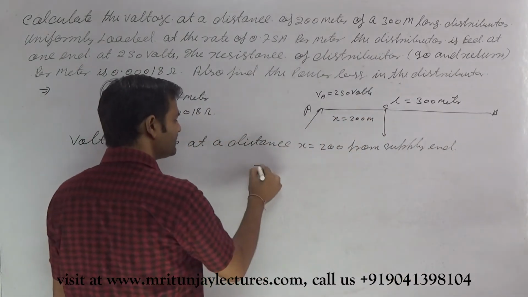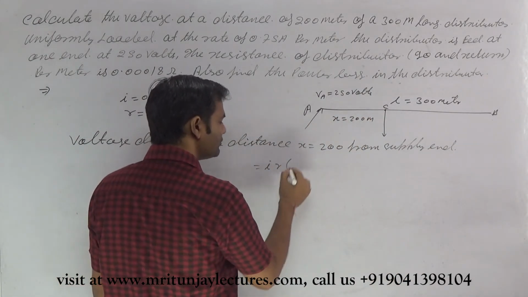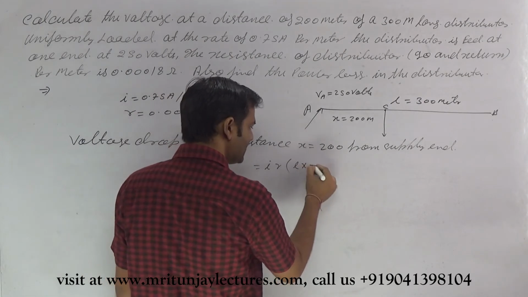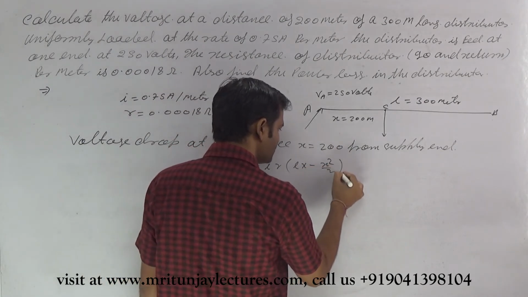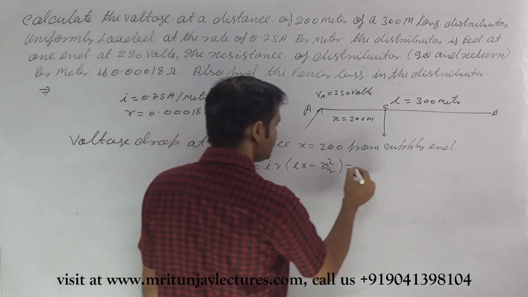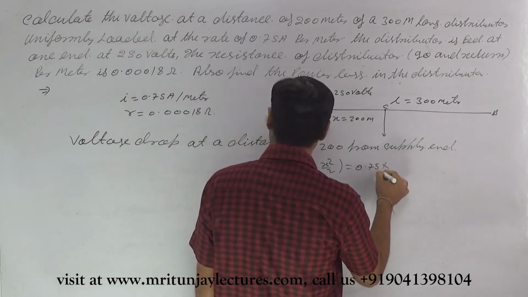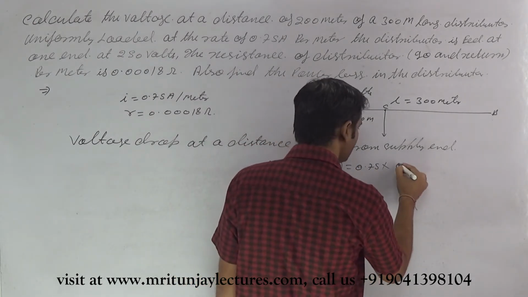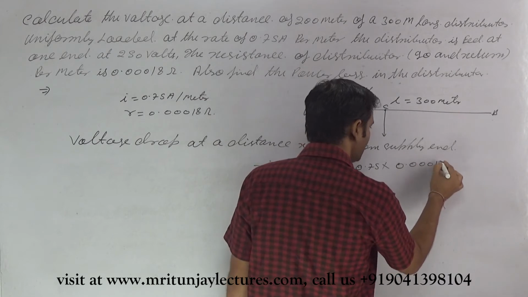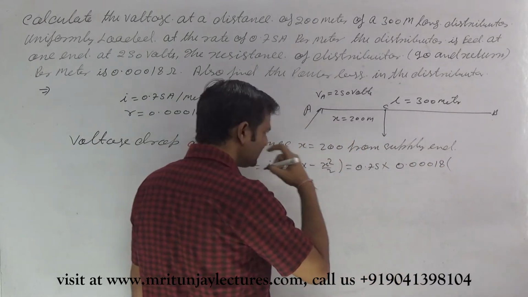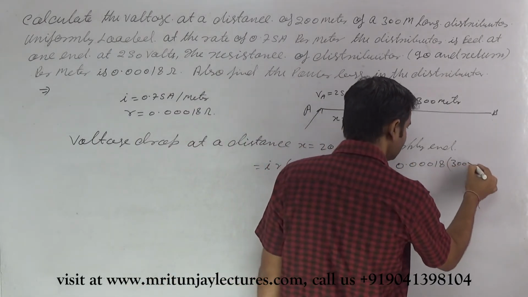Okay, I know that. What is the formula of this one? IR into L x minus x square by 2. So what about I? That is 0.75. And what about R? R is 0.00018 and L is 300 and x is 200.